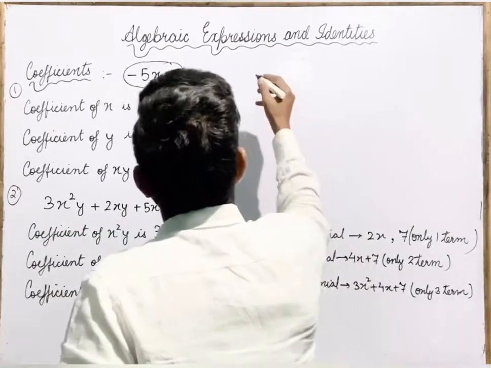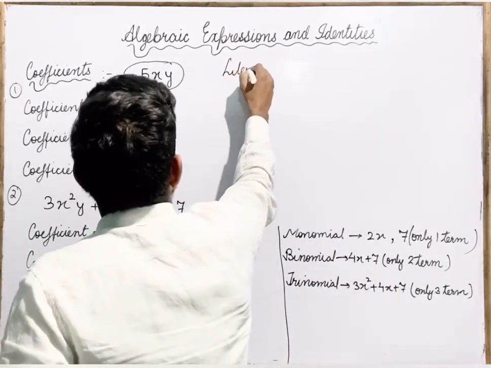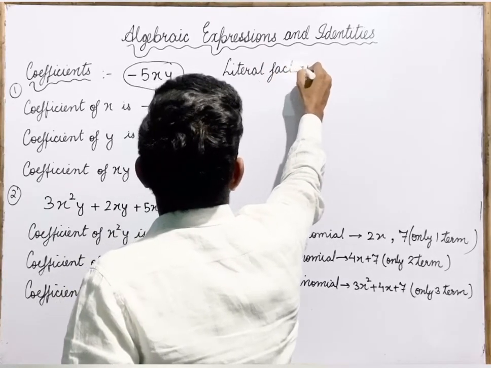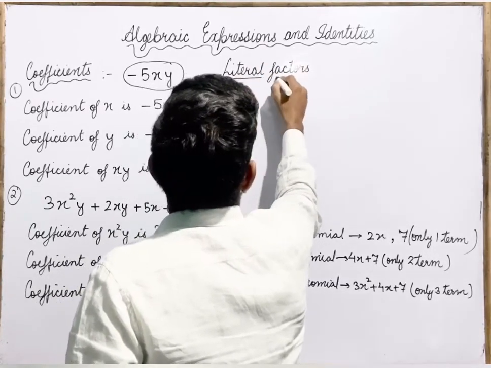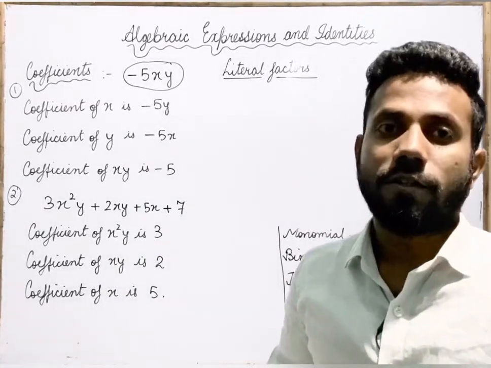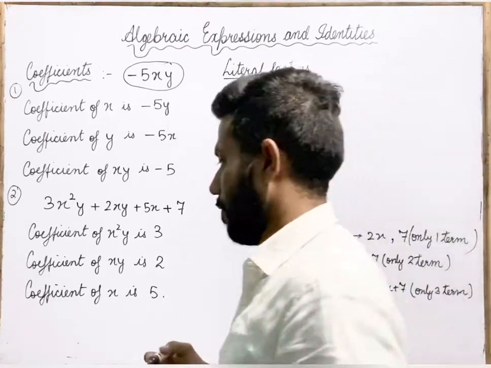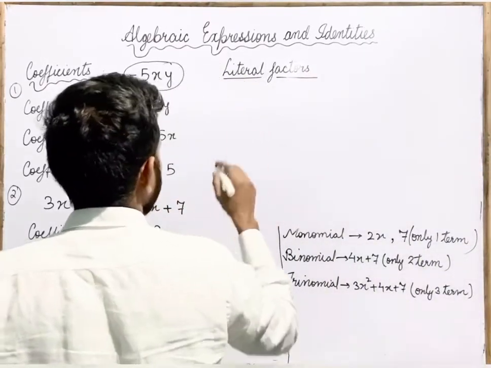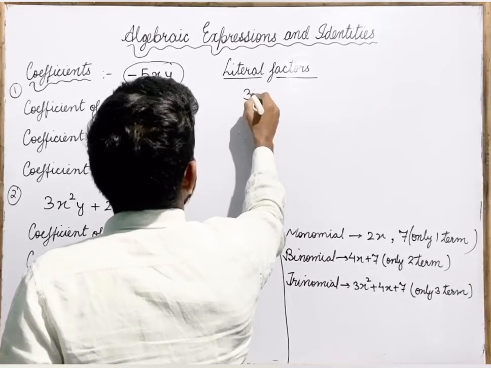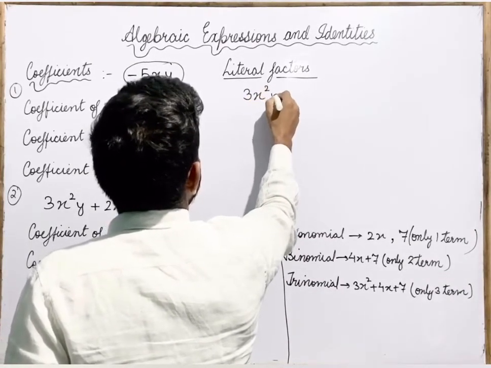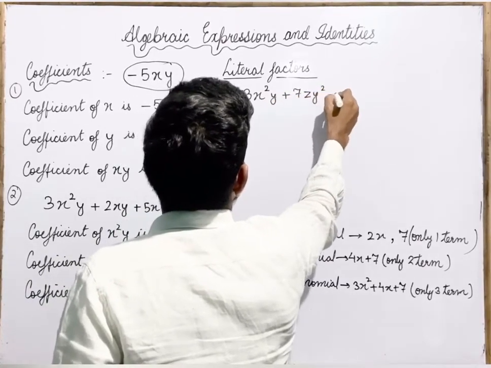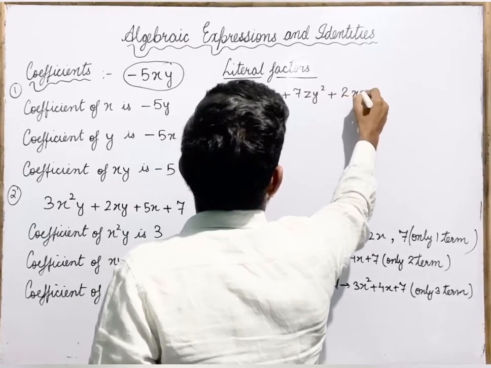Now literal factors. Anything associated with the constant is its literal factor. For example, I write here 3x square y plus 7zy square plus 2xy.